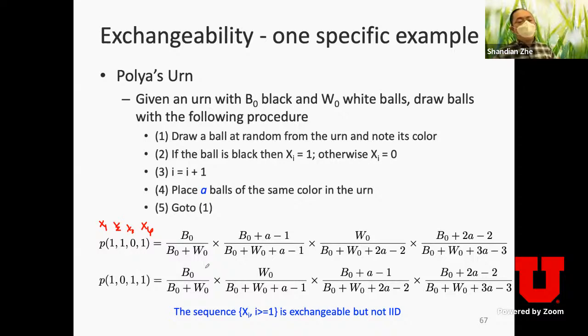If you look at the sampling procedure, each time you're going to place A balls of the same color, in your example, it really depends on the outcome of the current sample. If you get a black ball, you're going to place A black balls. If you pick a white ball, you're going to place A white balls. Of course, it's going to affect the chance you pick up the next ball. So obviously they're not independent.